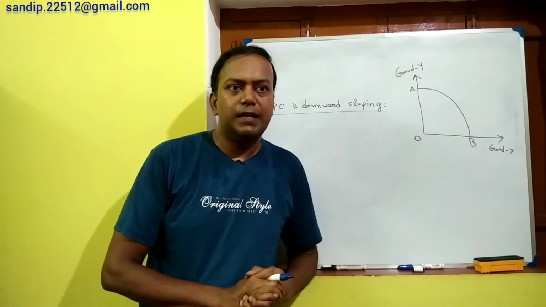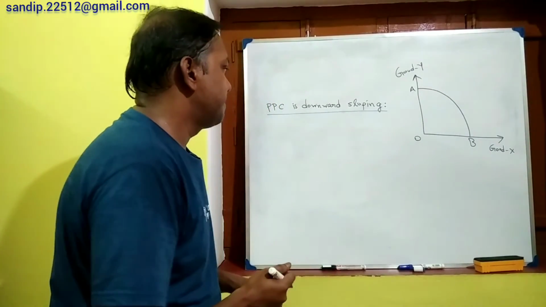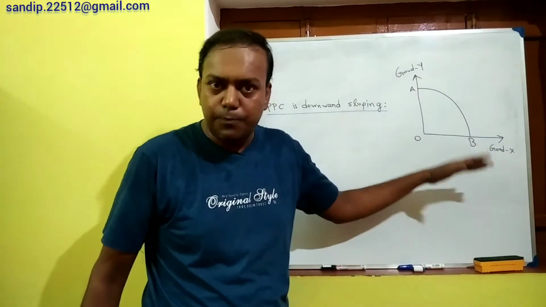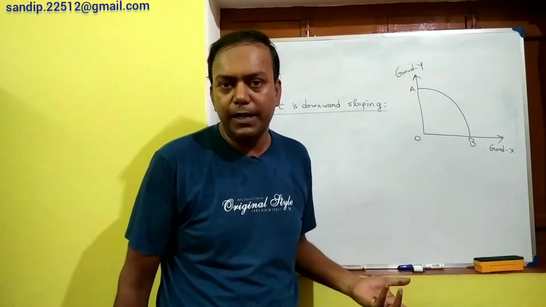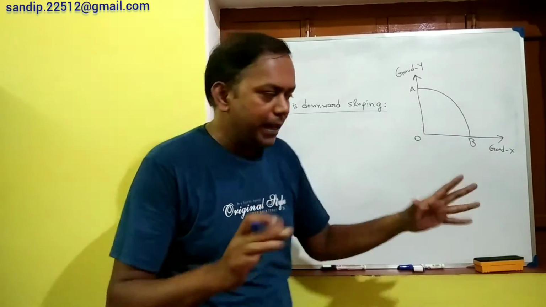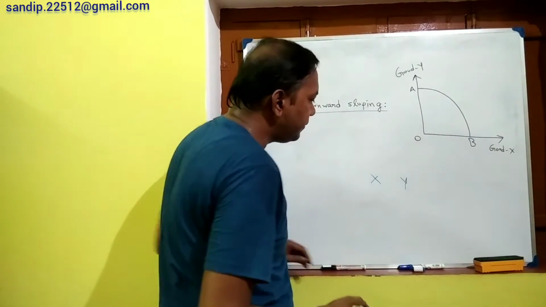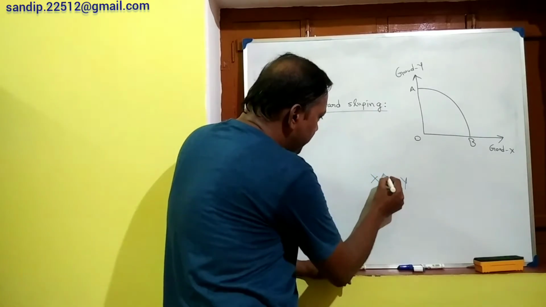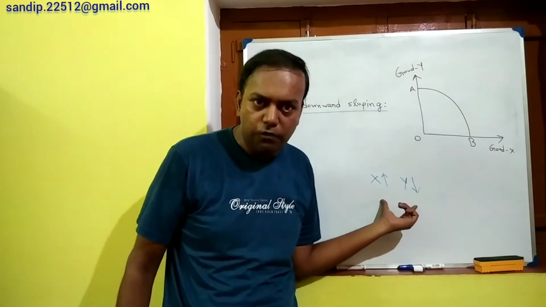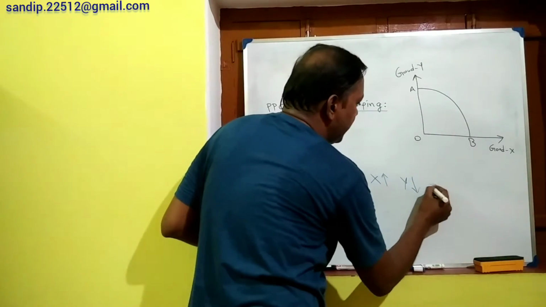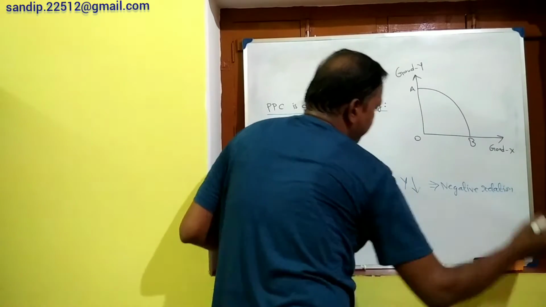To prove downward sloping, if I can prove that when the production of one commodity is increasing the production of another commodity is decreasing, then automatically I can say that the curve is downward sloping.